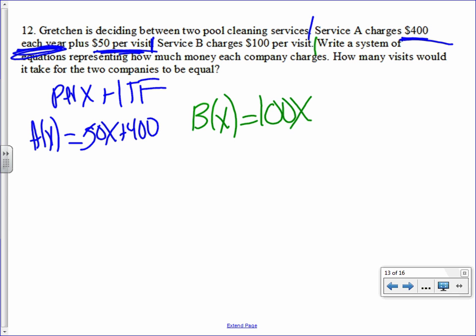Write a system of equations that represents how much money each company charges. Did it. How many visits would it take for the two companies to be equal? Well, equal means set them equal.